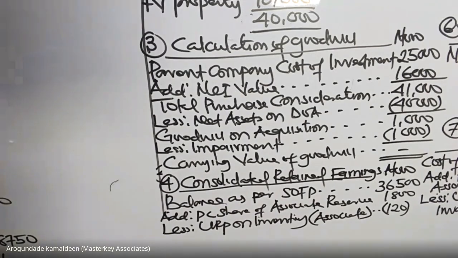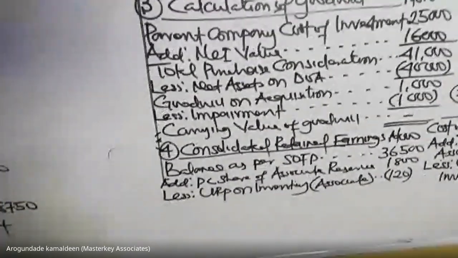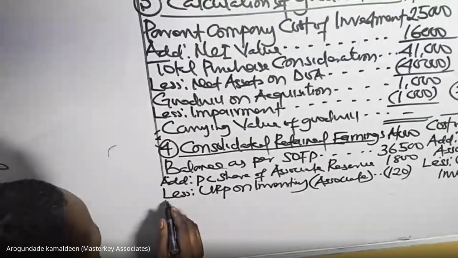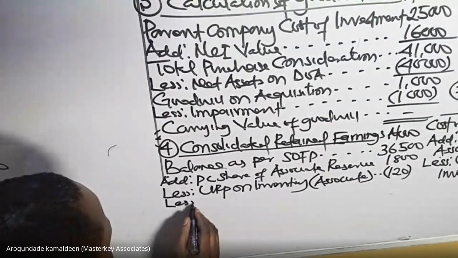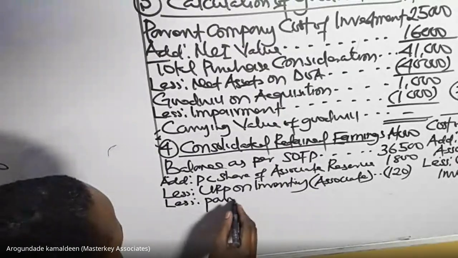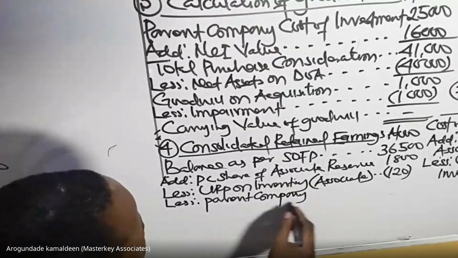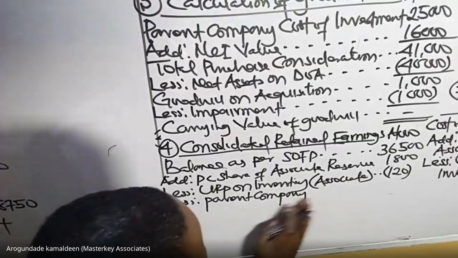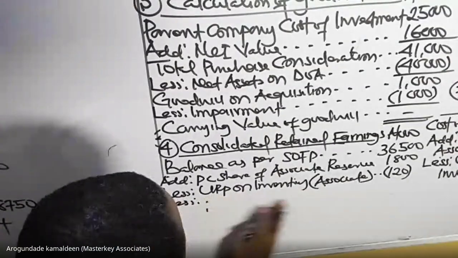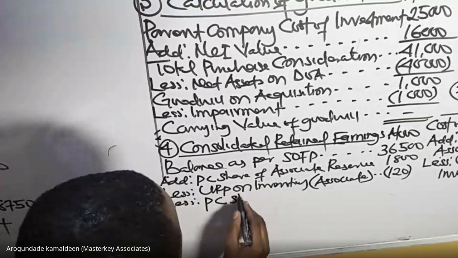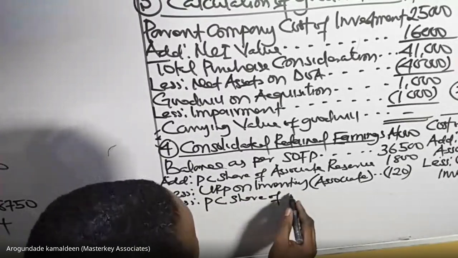NCI and parent. So we now come here, right away, and give each its own share of the loss. Parent company's share of impairment.